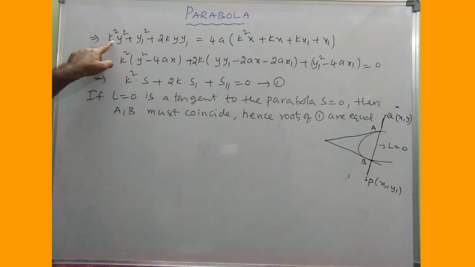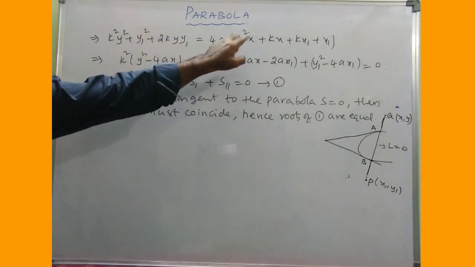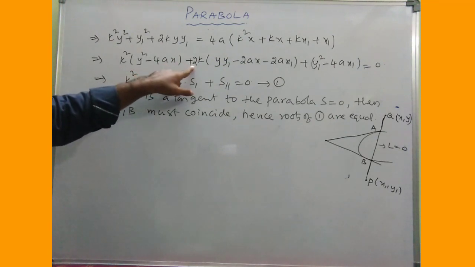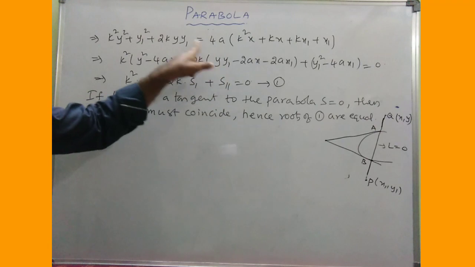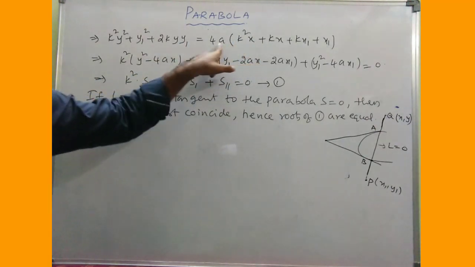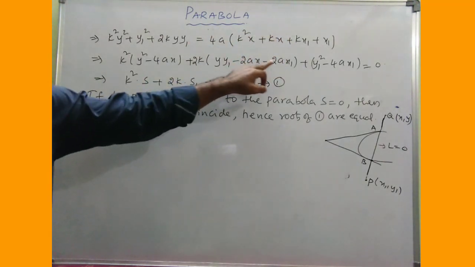Here, if you take k square common, the coefficient is y square. And here if you take k square common, after bringing this side, minus 4ax. Similarly, take 2k common, then you are going to get yy1, here yy1, isn't it? And if you take 2a common, then minus 2ax and even minus 2ax1.